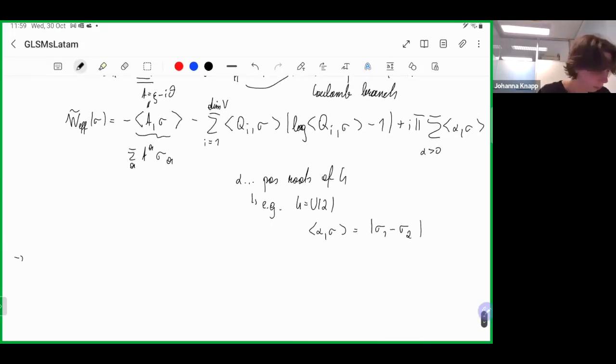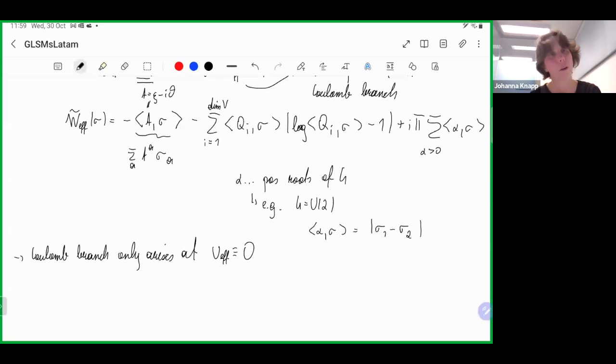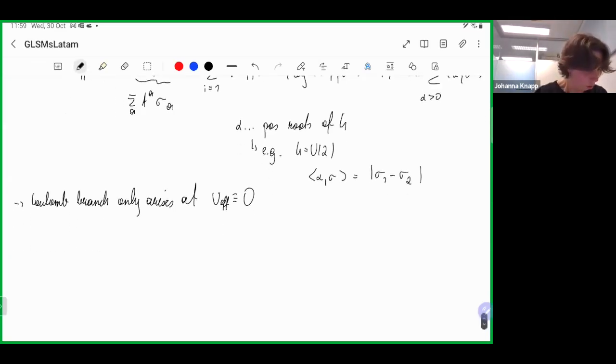So what we have is that the Coulomb branch only arises at U effective equivalent to 0, because we have this 2 pi periodicity. And maybe this is a good point to take a break.